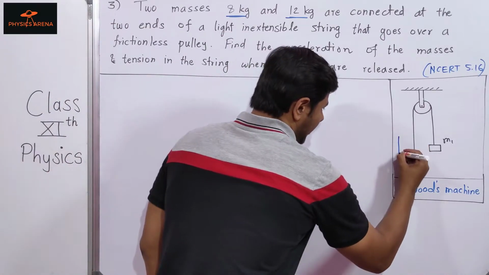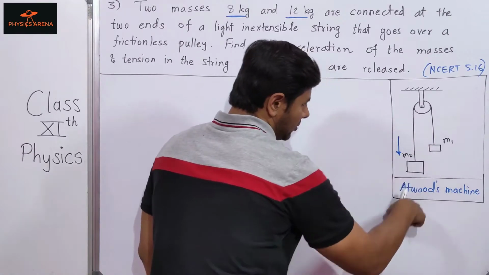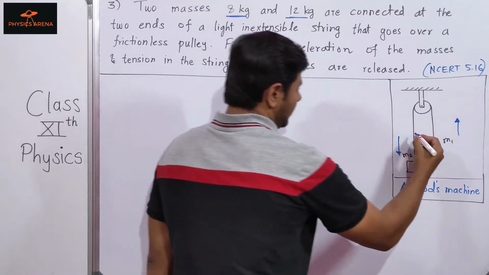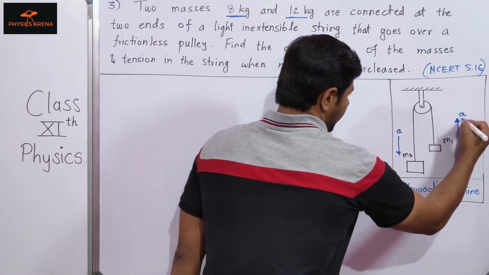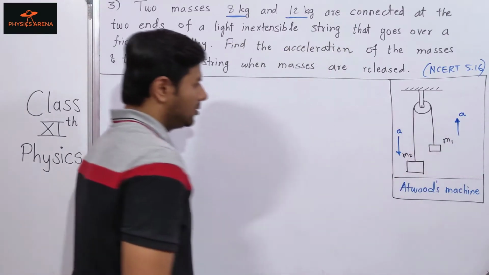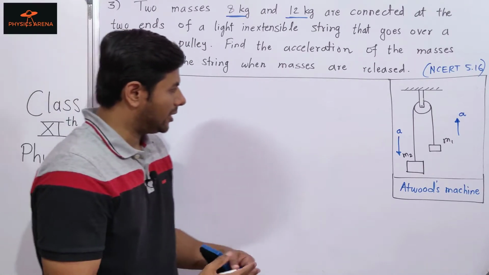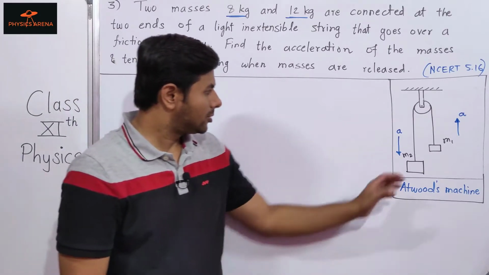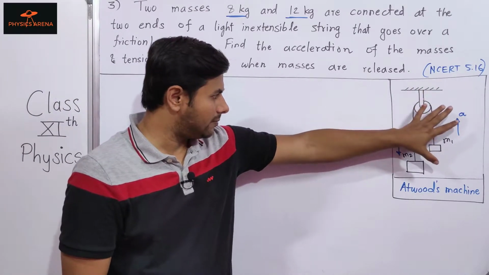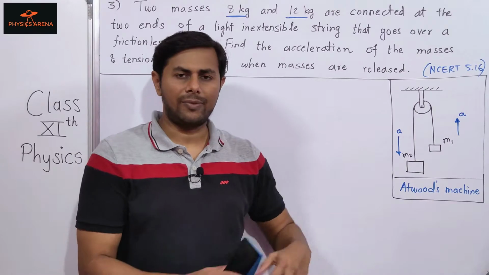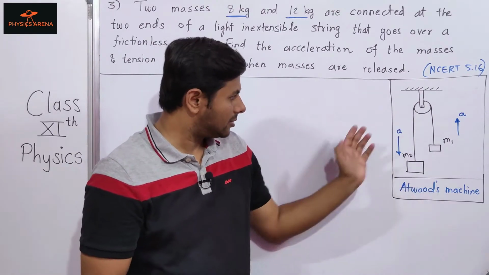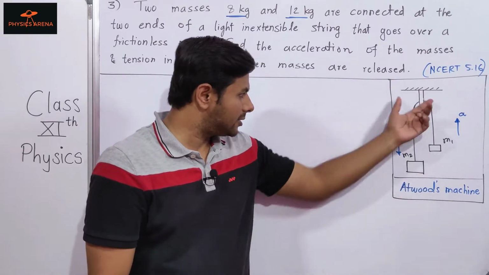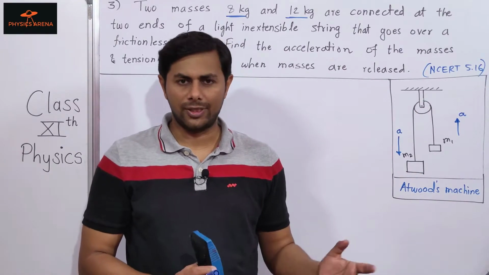So we can expect that m2 will go downwards and m1 will move upwards, and acceleration is a. Now we can draw free body diagrams of m1 and m2. This kind of system, where masses are connected with strings which go over pulleys, is called an Atwood's machine, and this is the simplest Atwood's machine.